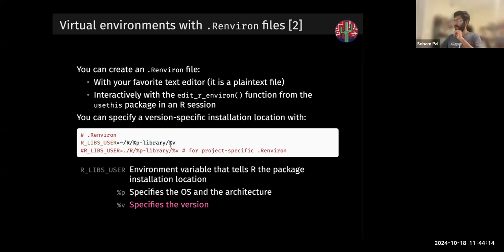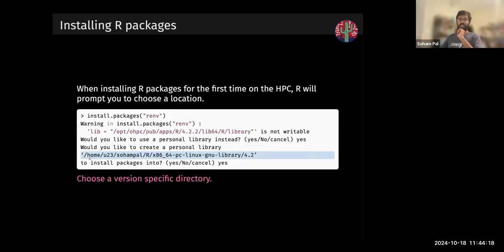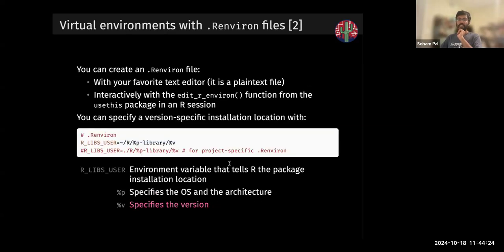So effectively, if I just go back, if you try to install that, it will try to install in a path like this. So that is an easy way to ensure that your R packages are installed in version specific directories.